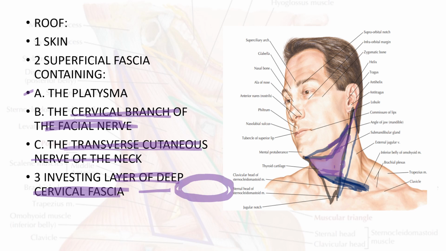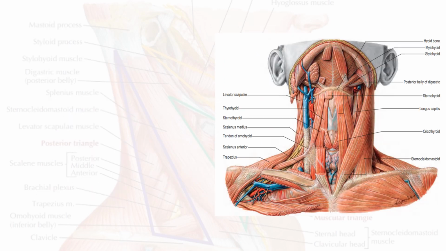Skin के अंदर investing layer fascia होता है, बाहर skin है. पूरी neck के लिए skin होती है. Skin के अंदर बच्चों अंदर जाऊंगा तो platysma सिर्फ ऐसे anteriorly होता है, बाकी नहीं होता. उसके बाद investing layer है. वैसे इन पे अलग video है, you can watch that video. So this will also cover the neck and the triangle.